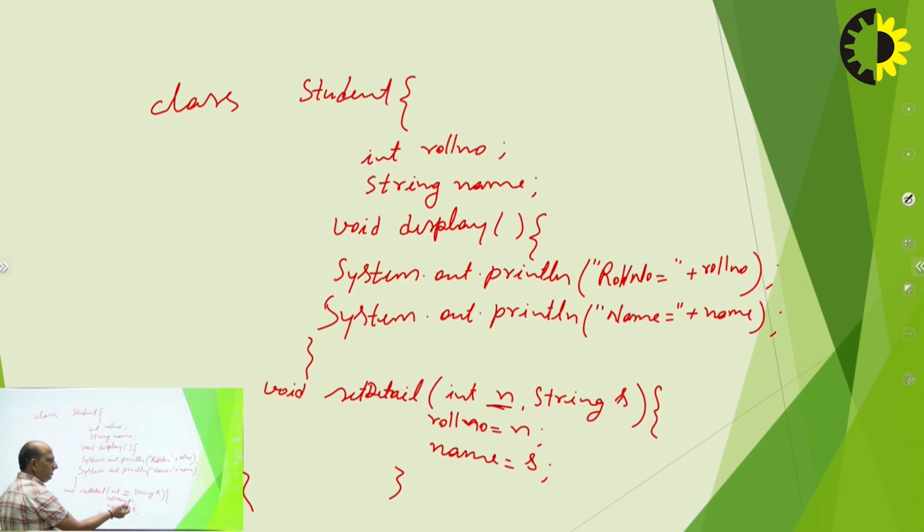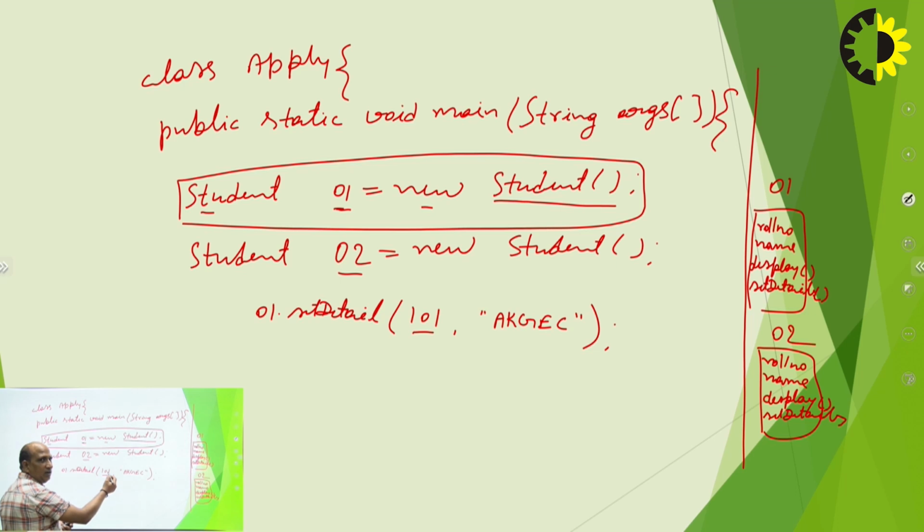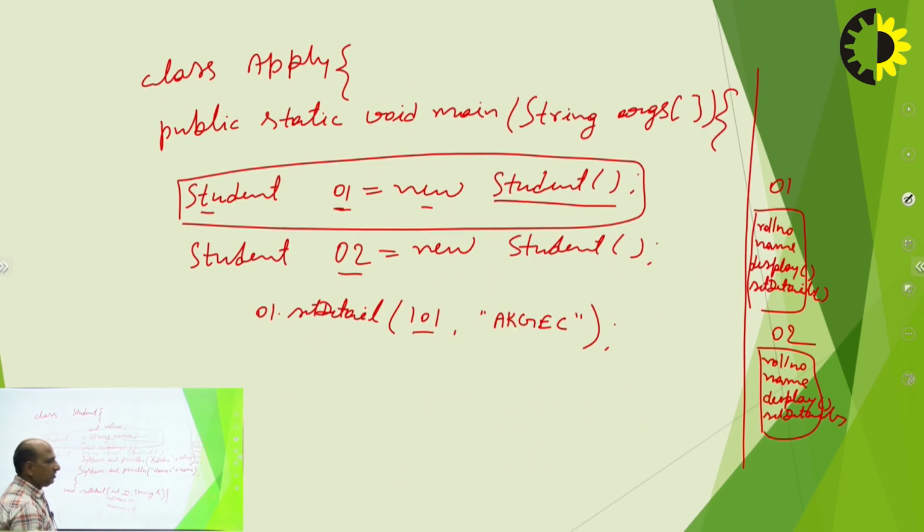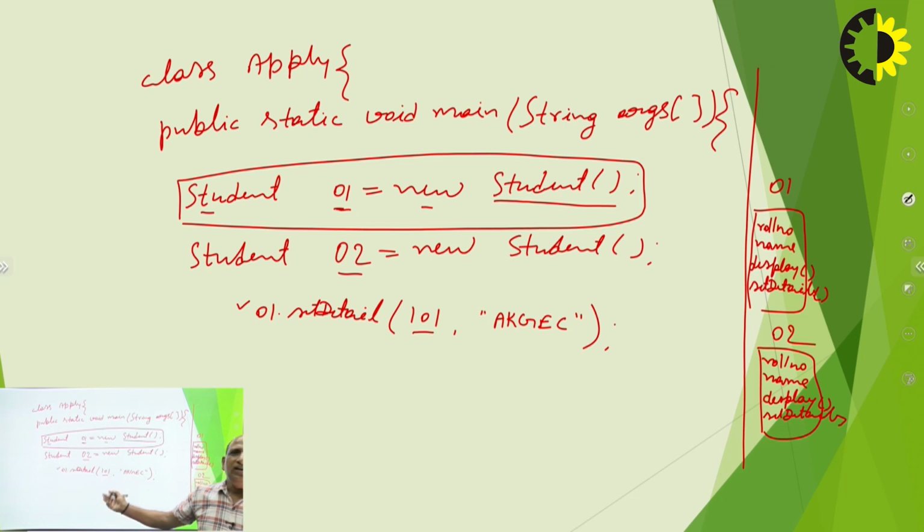Now this 101 will be copied into n, and this n will be assigned to roll number. Similarly, this AKGEC is passed to s, copied to s, and this s is set to the name variable. This way, once you call the O1.setDetail function, the value that you have passed has been set to the roll number and name variables.